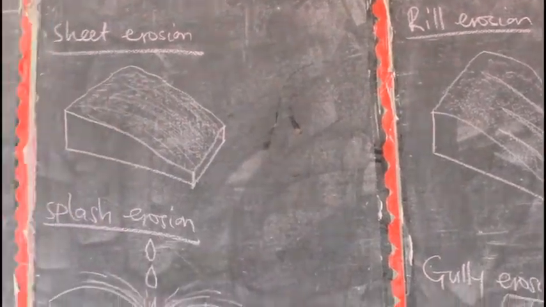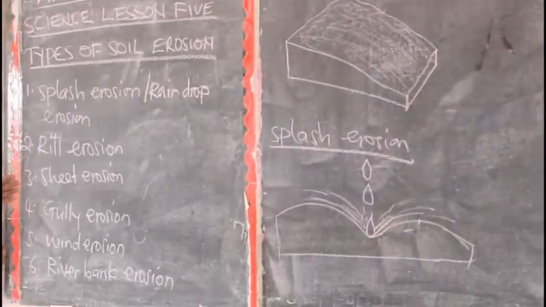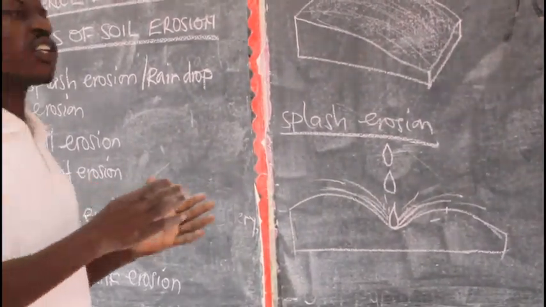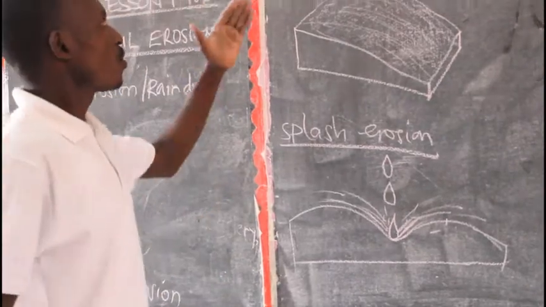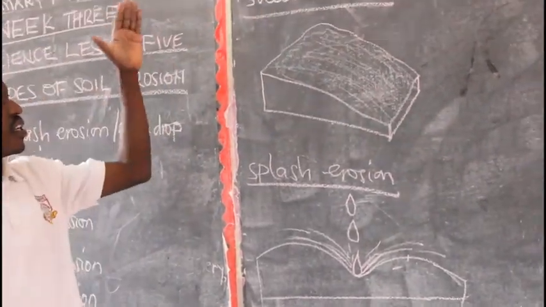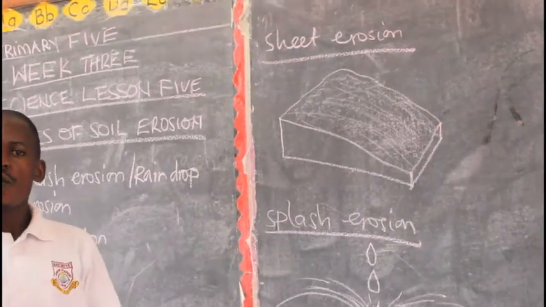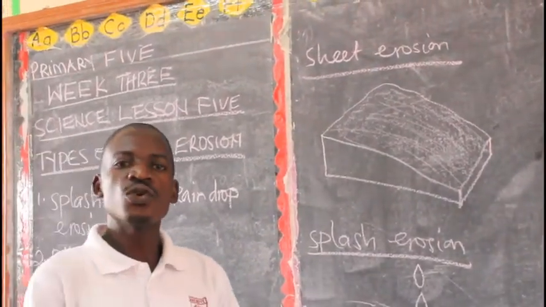Then we have another type of soil erosion called sheet erosion. From the word sheet, uniform. Sheet erosion is a type of erosion where fast-flowing water washes away the topsoil uniformly.